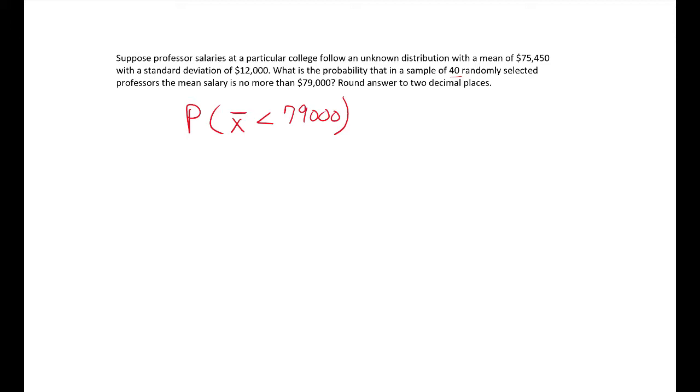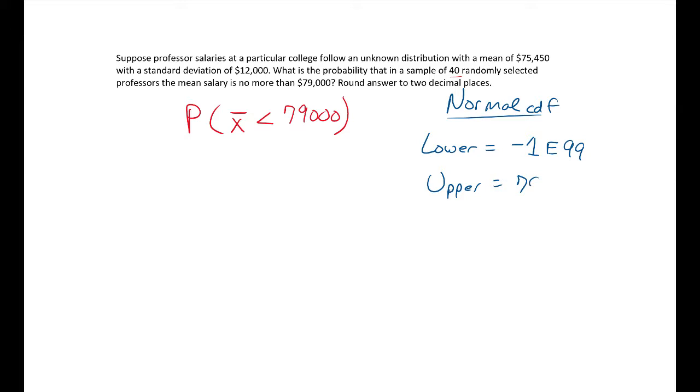To solve this probability, we're going to use our calculator, with Normalcdf. Normalcdf needs four things. It needs a lower bound. Since we're talking about being less than 79,000, our lower bound is negative infinity, which we indicate by writing negative 1E99. The upper bound is going to be that 79,000.